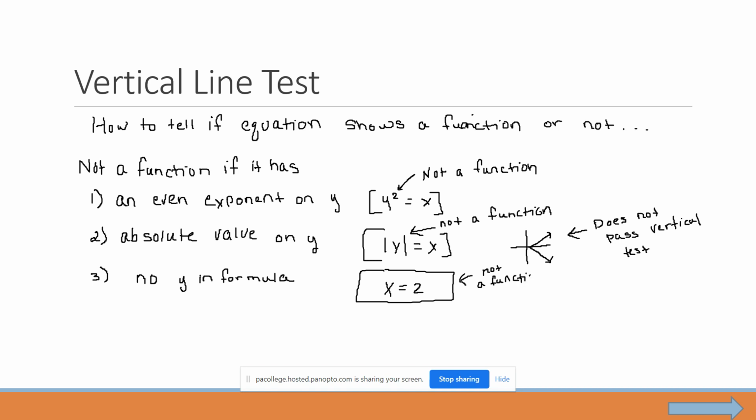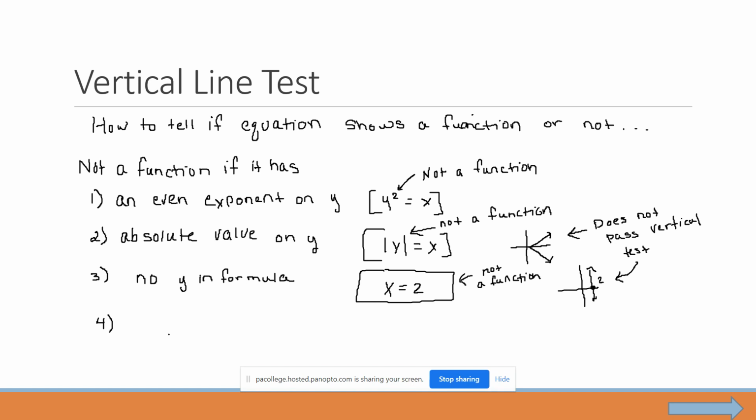Again, you're not going to be able to graph this on your graphing calculator, but the graph of it would look like a vertical line at 2. And again, this does not pass the vertical line test because I could put a vertical line right on top of it and they would intersect in infinitely many points. So that one's not going to work.